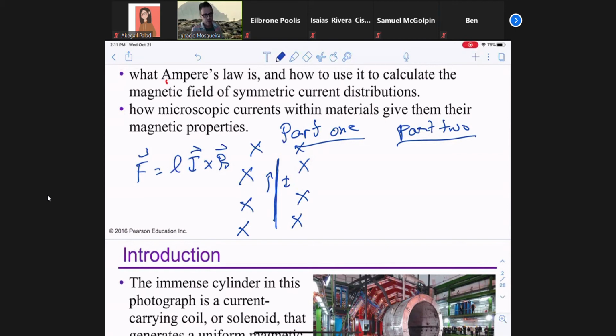But then you would still want to know why a magnet has magnetic fields. It turns out magnets have magnetic fields because the electron magnetic dipoles, or magnetic moments, are aligned.